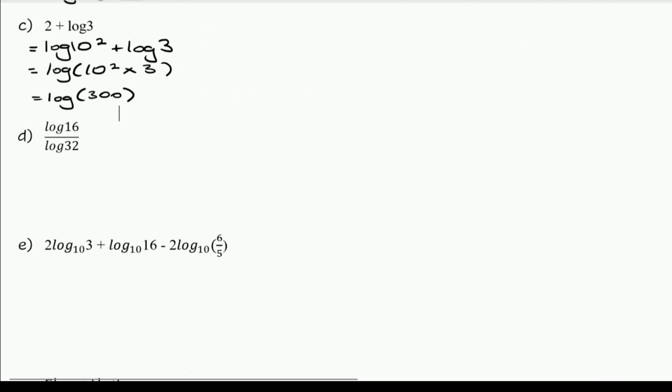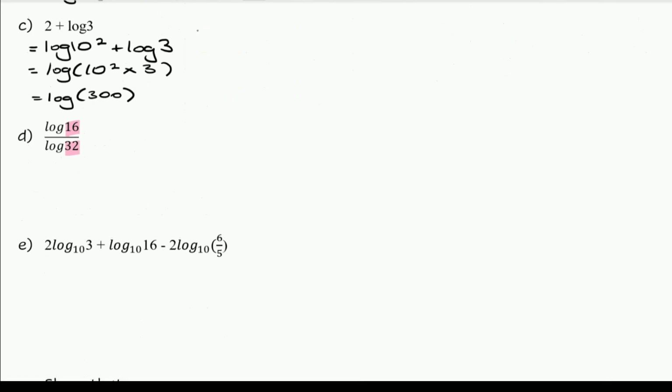And we're going to have a look at log 16 over log 32. What I'm going to do is express both 16 and 32 as a power of 2.